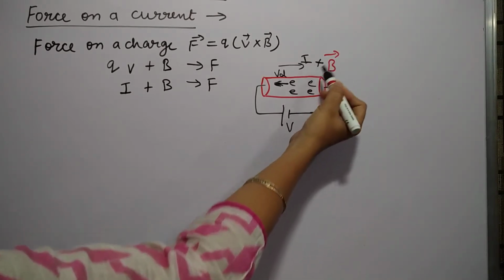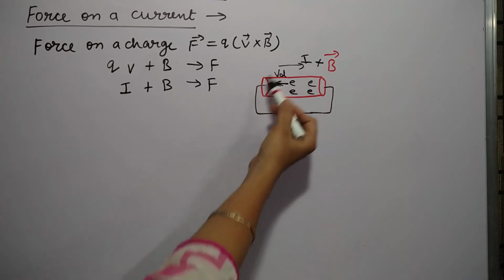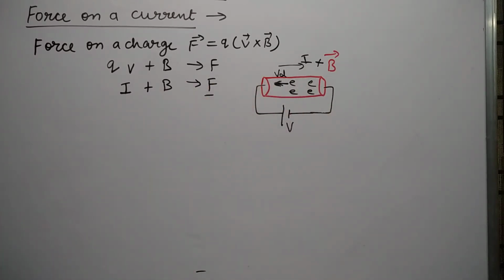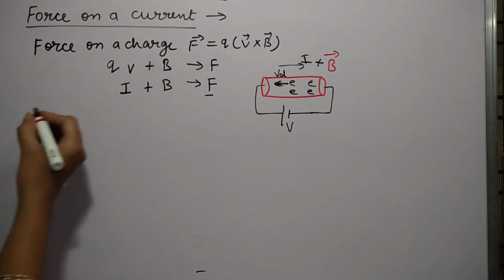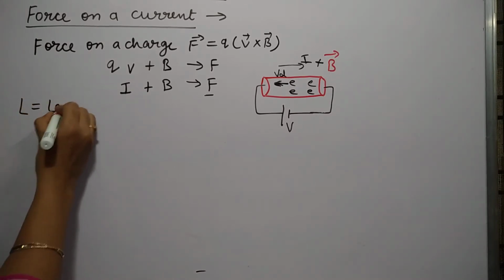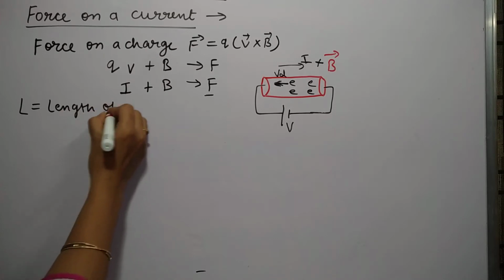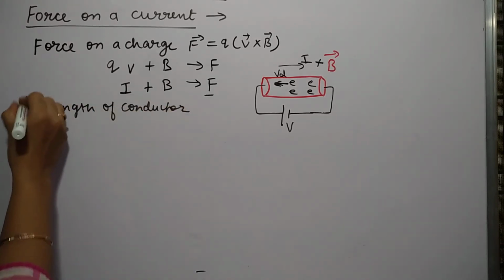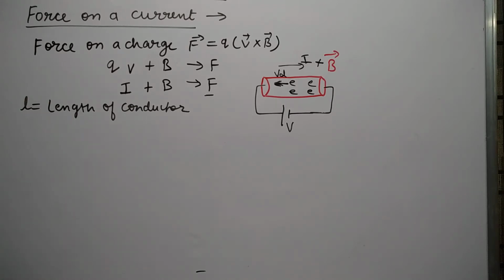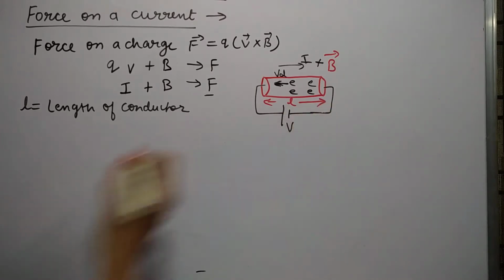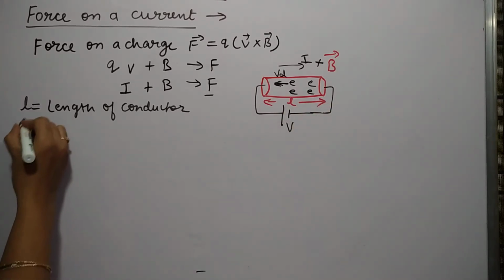Okay, so now let us make the formula of the force on this conductor. This force formula we have to make. So what are the data? We will be needing these data. Suppose L is the length of this conductor. A is the area of cross section.